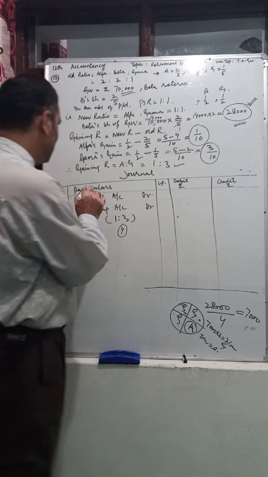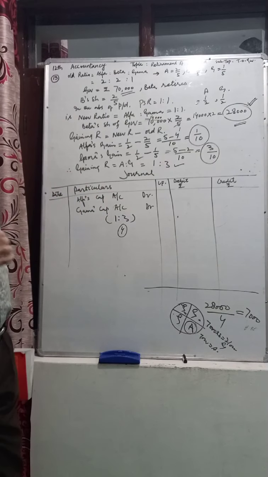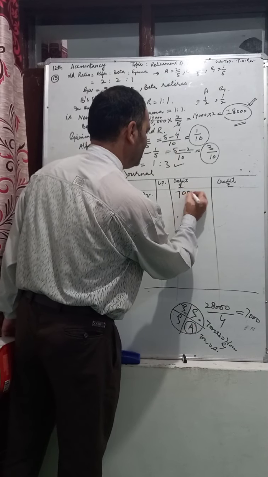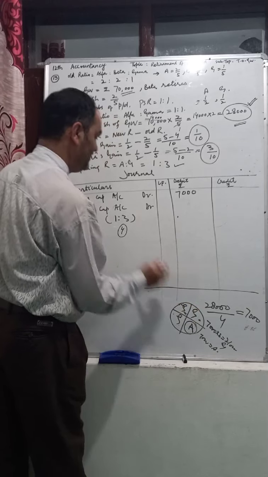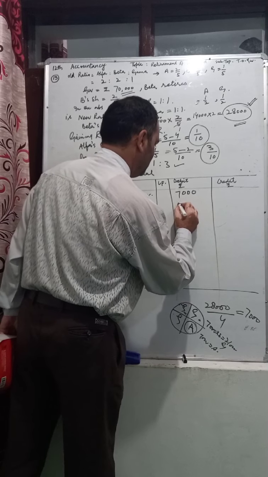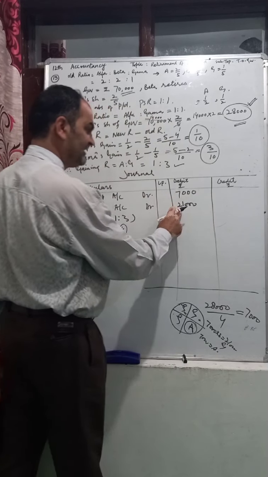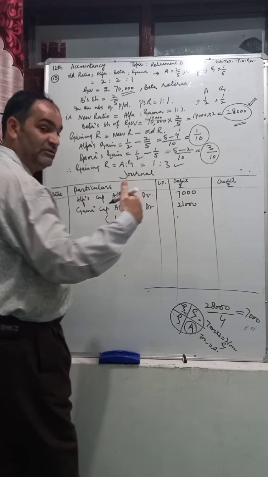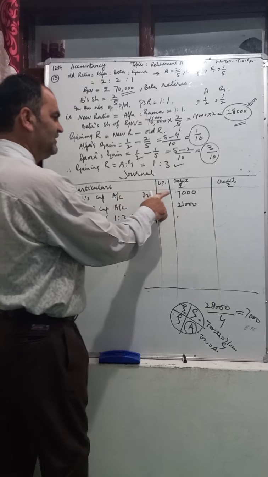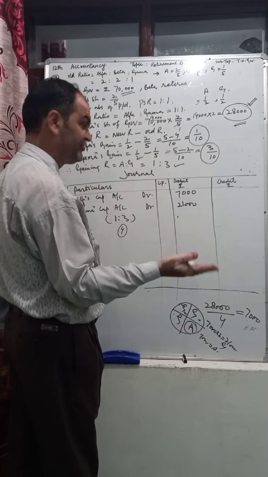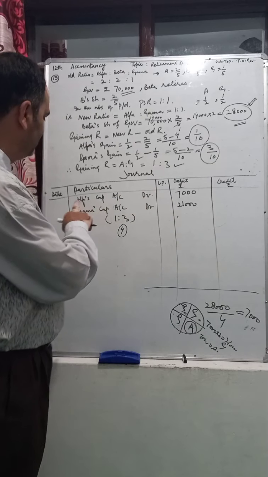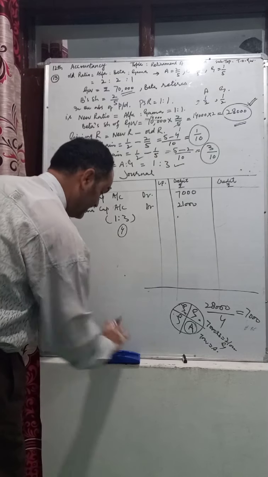So Alpha's capital account, 1 share, that means 7,000 out of 4, and 21,000 to Gamma. Gamma is gaining 3 times and Alpha 1 time. That means out of 4 shares, 1 share goes to Alpha and 3 shares go to Gamma.